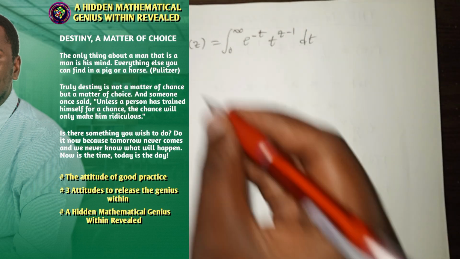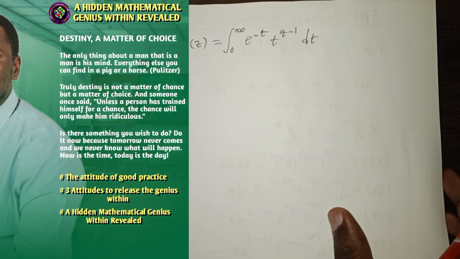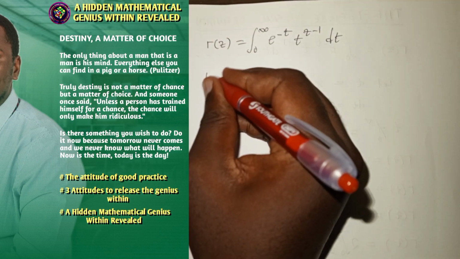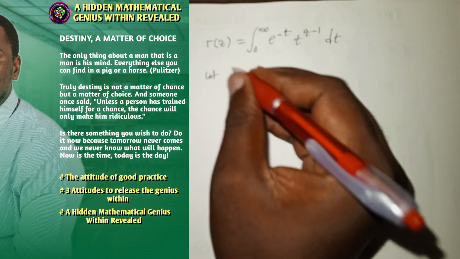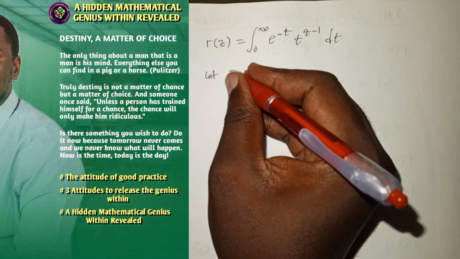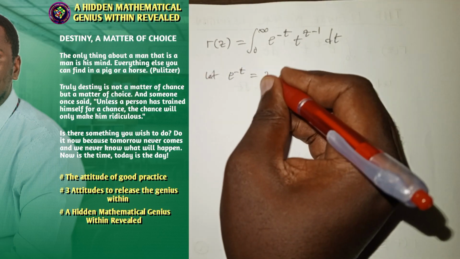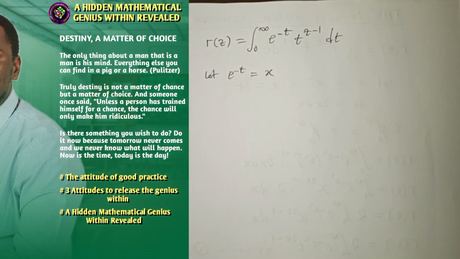Okay, so first step, we are going to let e to the minus t equal to x. Okay, e to the minus t equal to x.